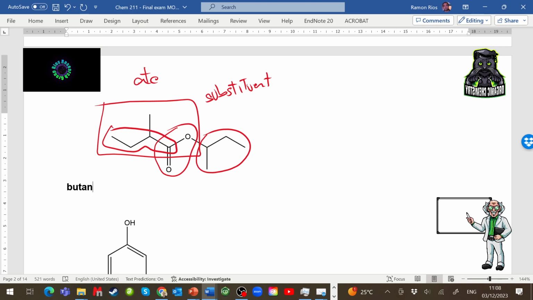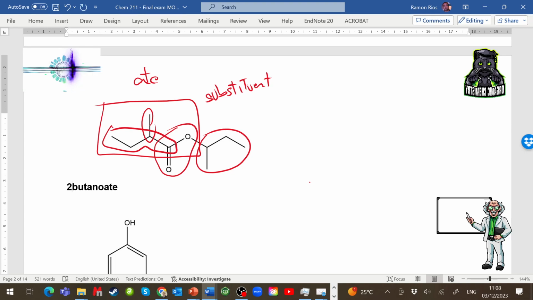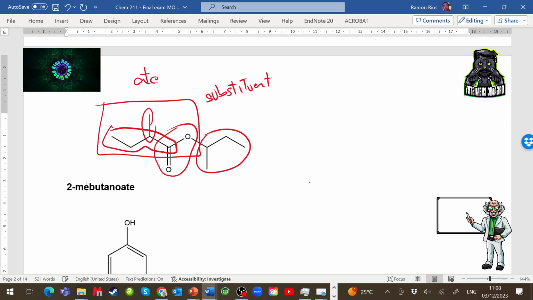Butan-8, okay, because it's an acid. And then we put the substituent that will be 2-methyl butanol.